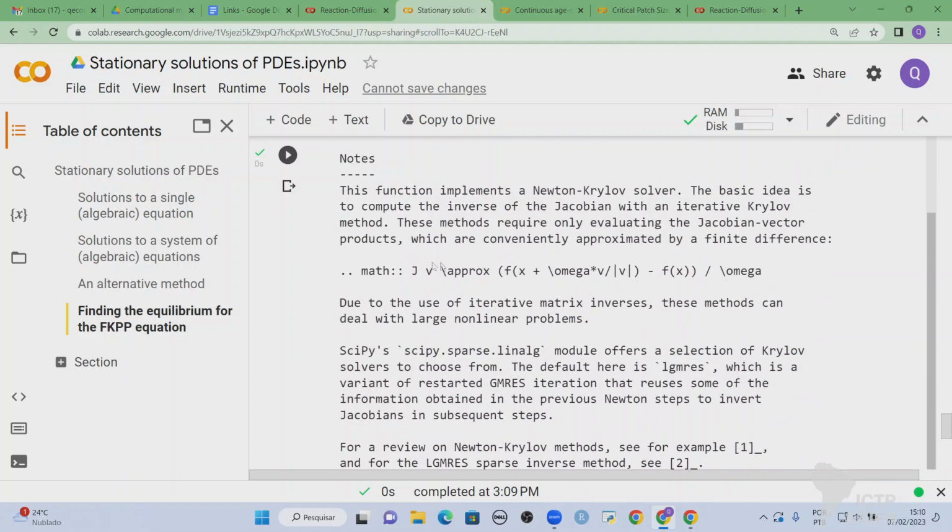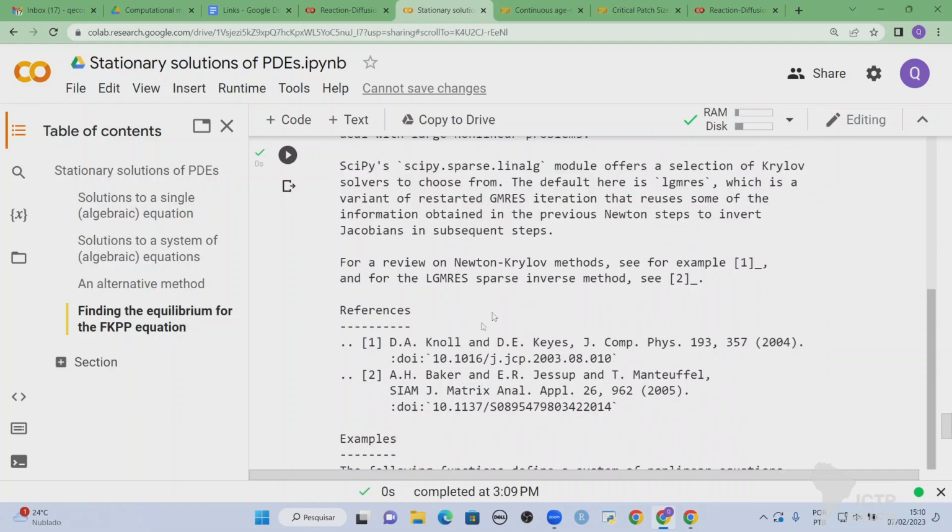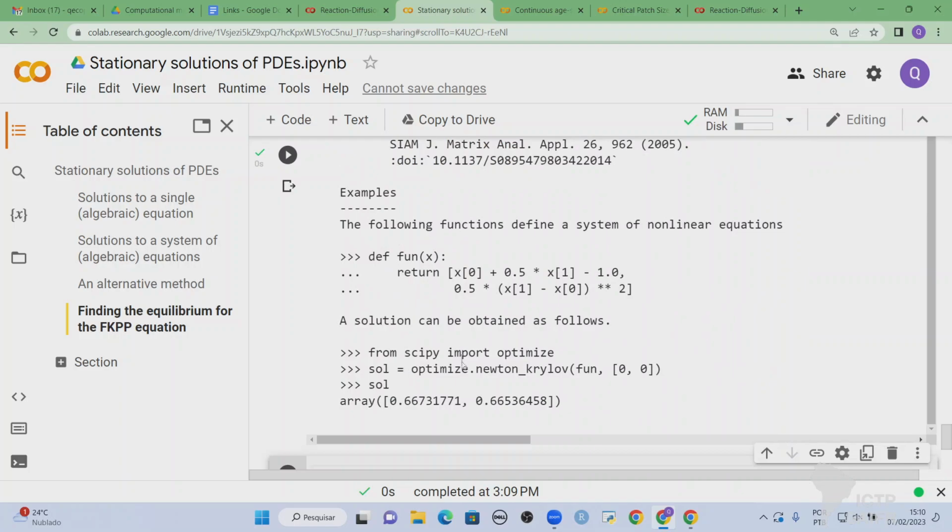This is written in LaTeX, so on the web, this renders as mathematical notation, okay? And even references for the methods themselves, or papers where the method was described, and then a few examples even. So this is a full documentation, you see?